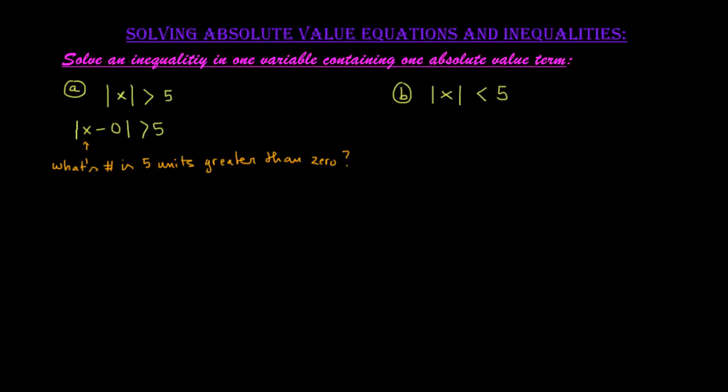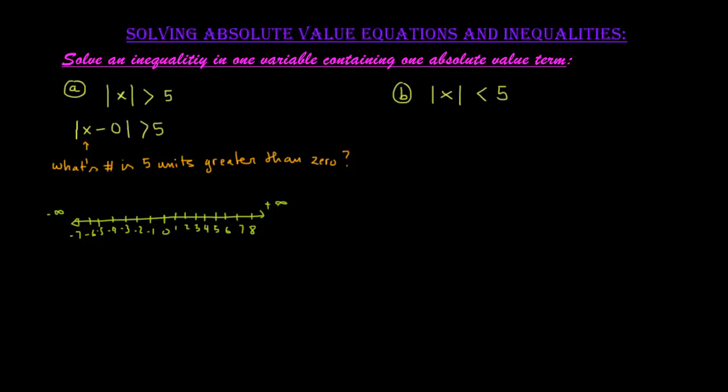To answer this problem, we need to draw the number line and then find out what number that is. So we have 0, 1, 2, 3, 4, 5, 6, 7, 8, and also on the negative side, negative 4, negative 5, negative 6, negative 7, and we have negative infinity and positive infinity.